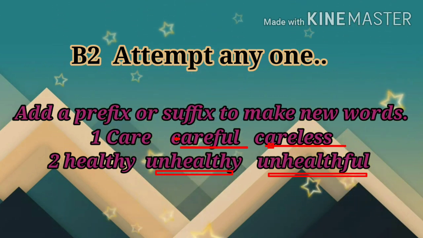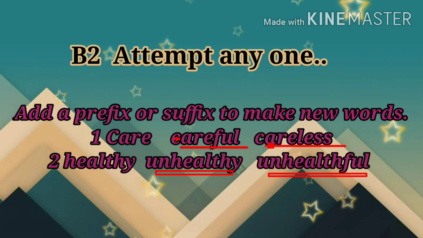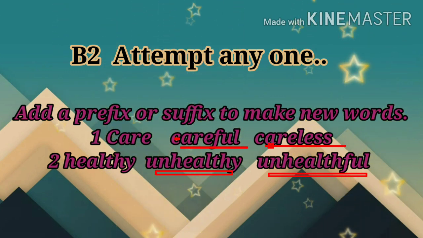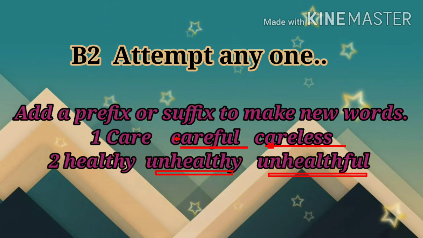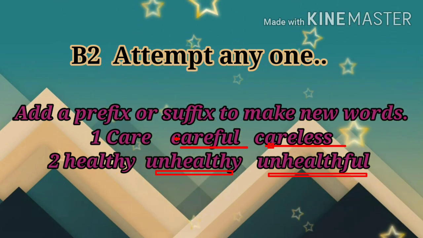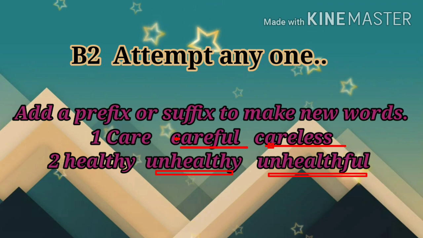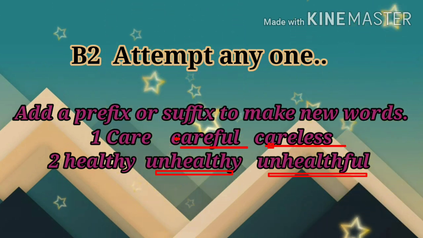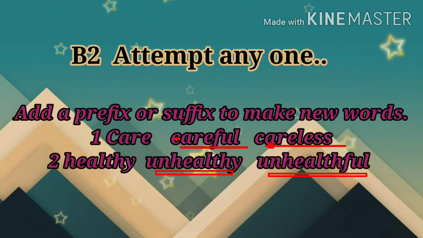After that, we have to add a prefix or suffix to a word healthy. We can add prefix to these and we may write unhealthy or unhealthful. Is that clear? Okay.